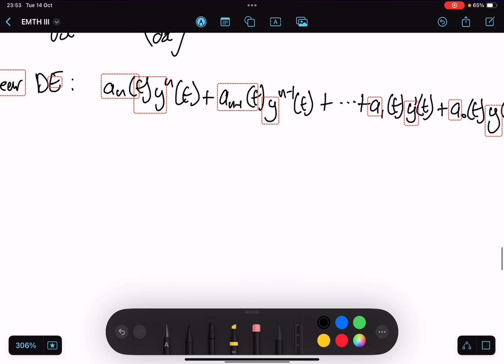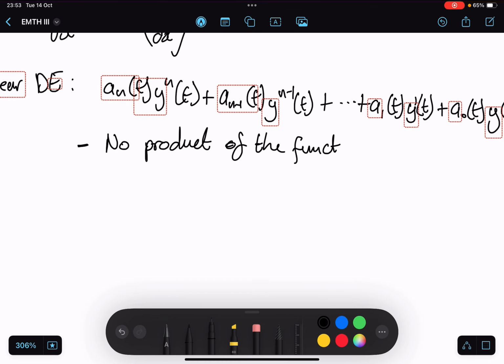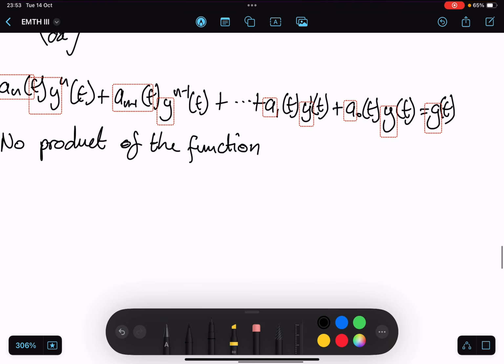And the most important thing to note about a linear differential equation is that there are no products of the function y of t and its derivative.